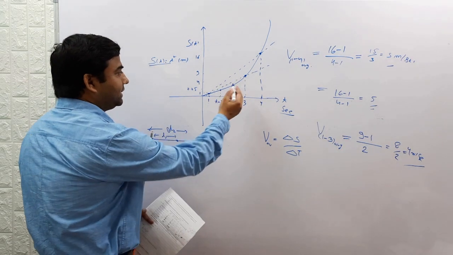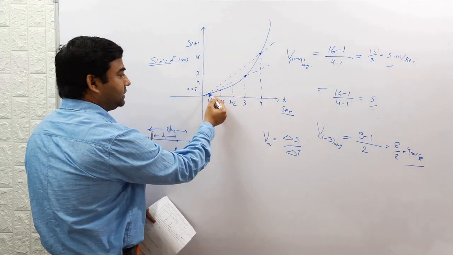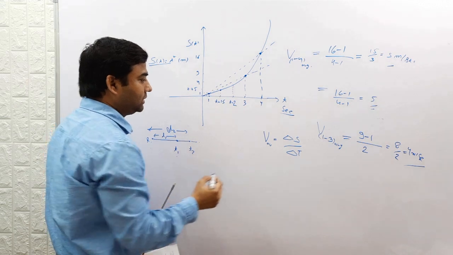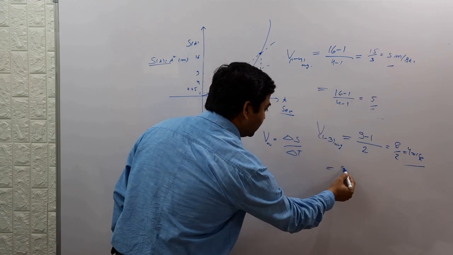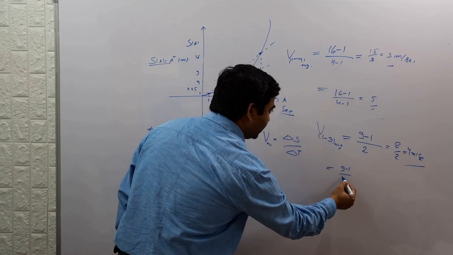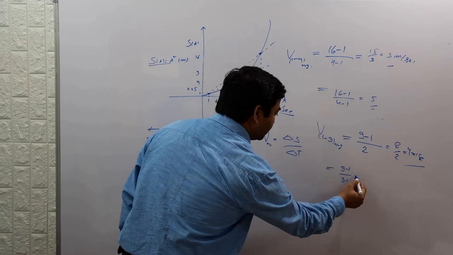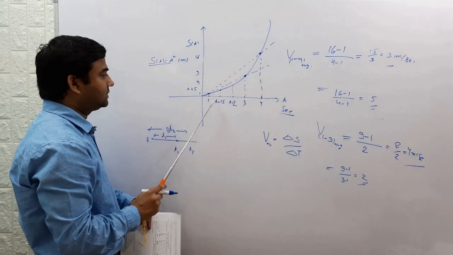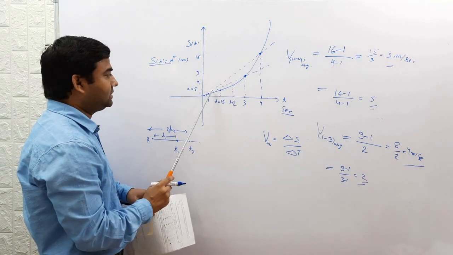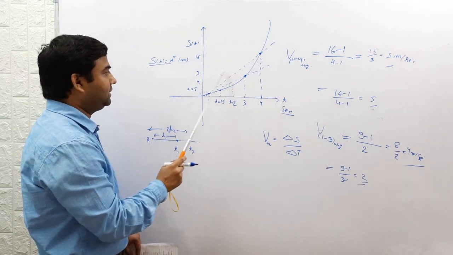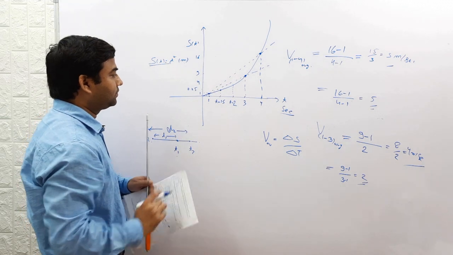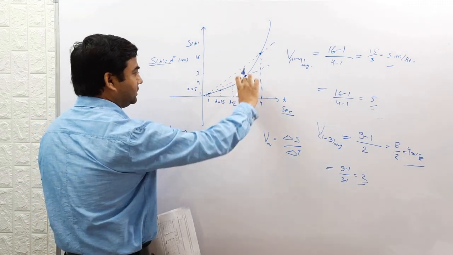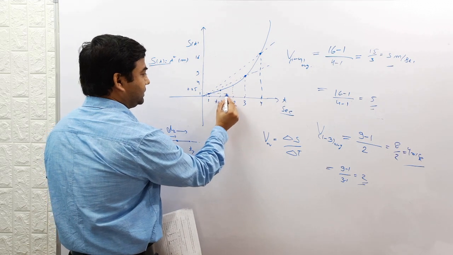Similarly, if you find the gradient of this secant joining point t equal to 1 to t equal to 3, the gradient will also be 9 minus 1 by 3 minus 1 equal to 4. Vertical distance, that is 9 minus 1. So this is the vertical distance.